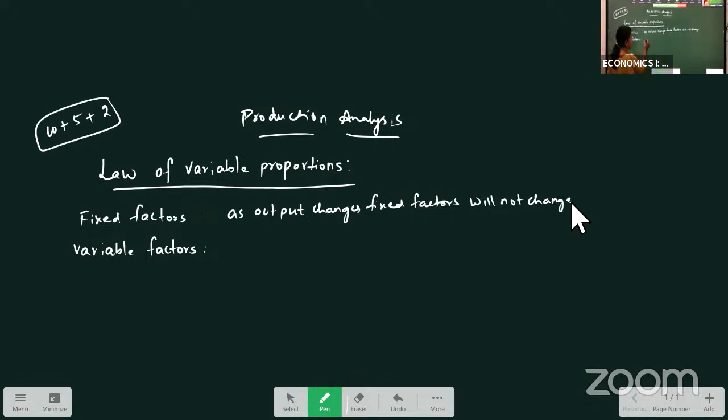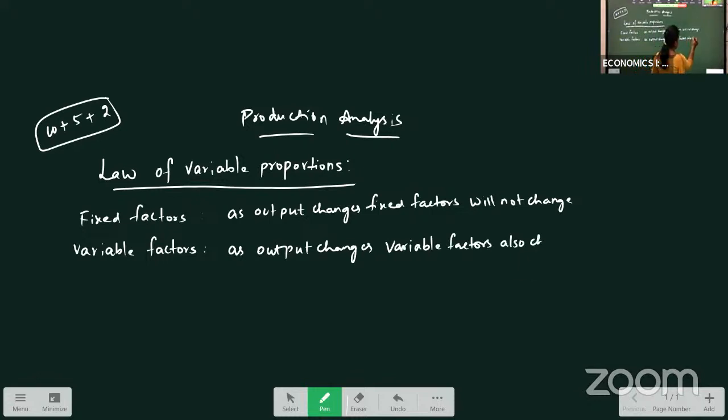Whereas variable factors also change as your output changes. So see the difference between these two. What are fixed factors?